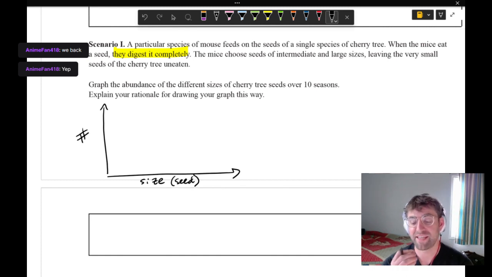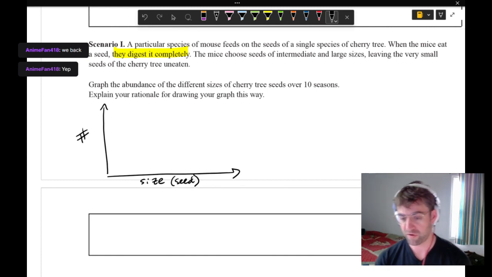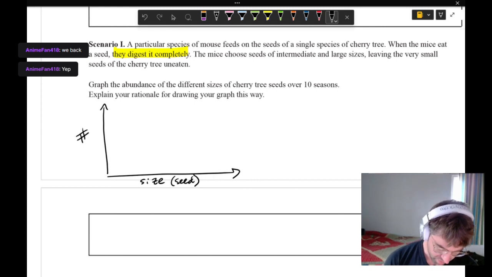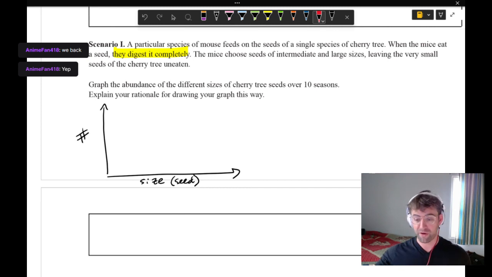Seed size is the trait that is being selected for or against. So if the mice choose seeds of intermediate and large size, leaving the very small seeds of the cherry tree uneaten, throughout the lifespan of the organism, we're assuming the tree makes seeds of all different sizes.